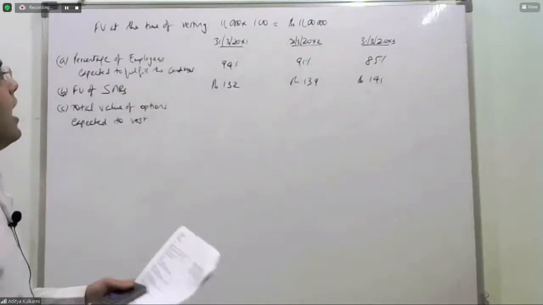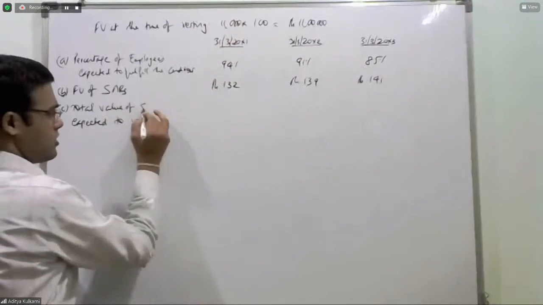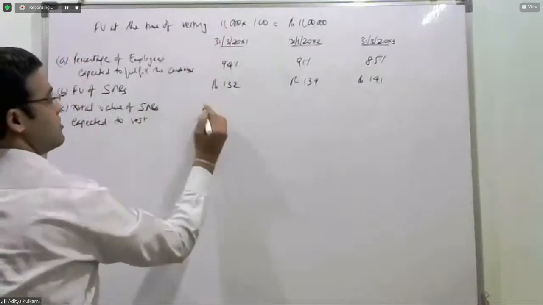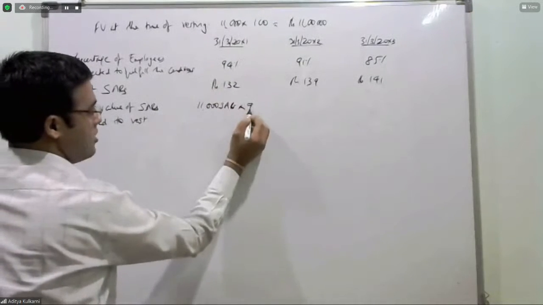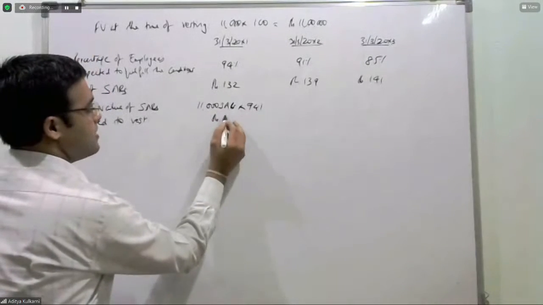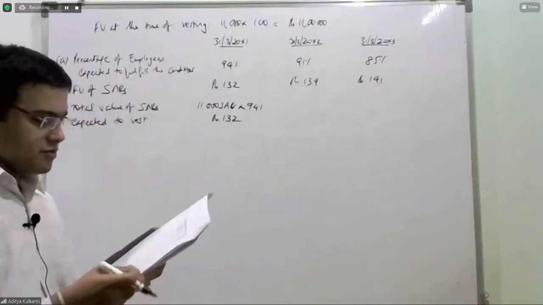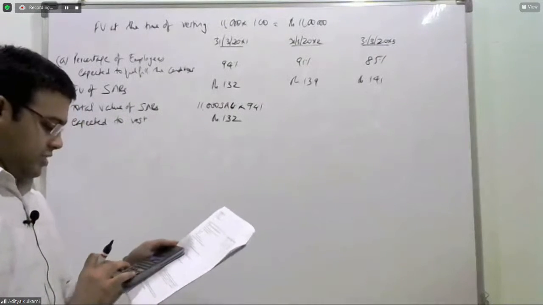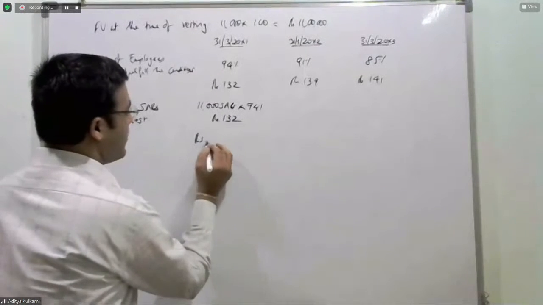That is equal to how many SARs do you have? You have 11,000 SARs. So 11,000 SARs multiplied by, you think 94% will exercise, multiplied by rupees 132. So that gives you how much? 13,64,880.